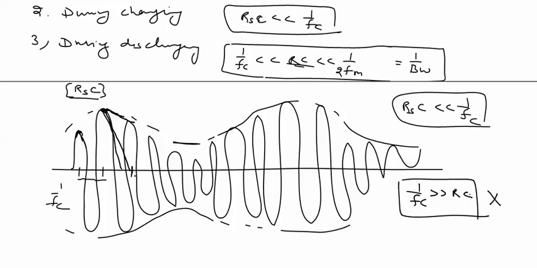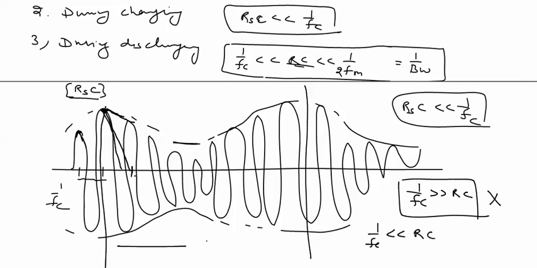The desirable condition is 1 upon fc should be less than RC. The second condition comes from this peak and this peak, half of it: at this juncture 1 upon twice fm, which is the bandwidth of the modulating signal, half of it.